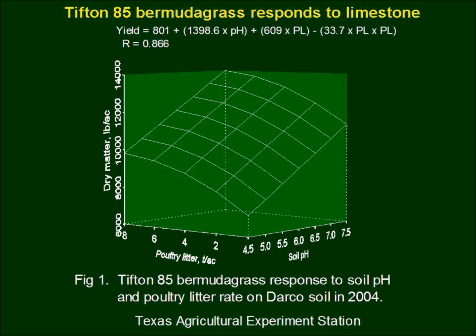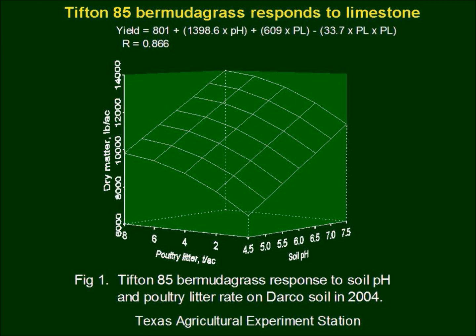And notice here that as soil pH increases, going from 4.5 all the way up to 7.5, there is a straight line response. The amount of yield that we're getting is linearly responsive to soil pH, which means that we need to keep that pH at a high end to make sure that that plant is getting the full benefit.